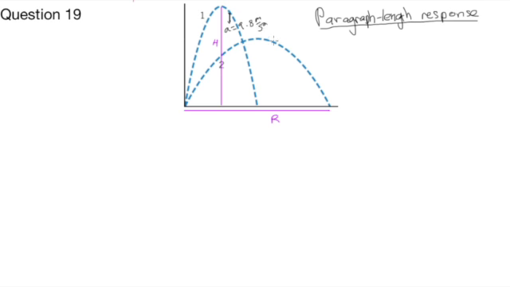Both of these are experiencing this throughout the entire time that they are in flight. So our acceleration is the same. We already discussed how our height and our range are different.